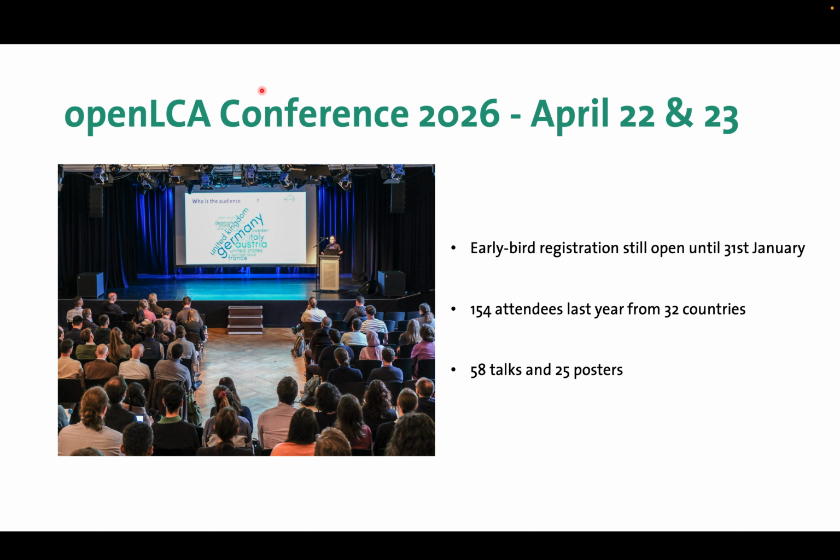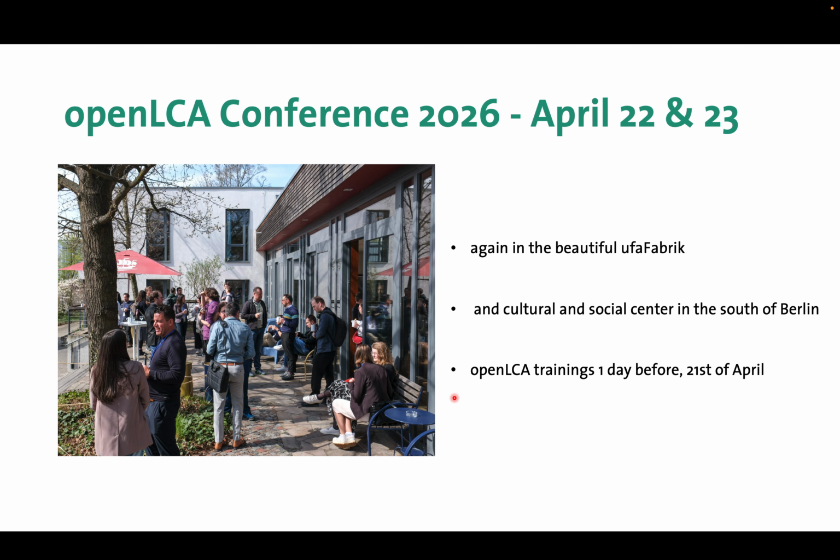Here you can see the main hall, and here is an outside area to chat with all the participants. The UFA Fabrik is really a nice historical and cultural center in Berlin. It's really beautiful, especially when the weather is also good. And I said already that the trainings are one day before, on the 21st of April.